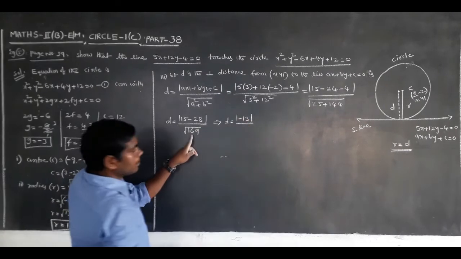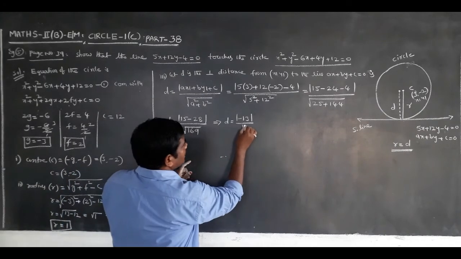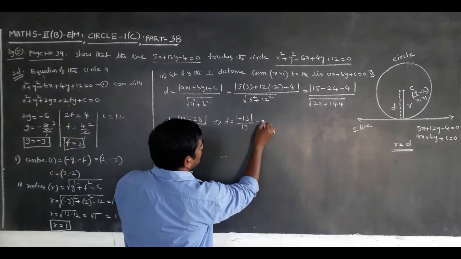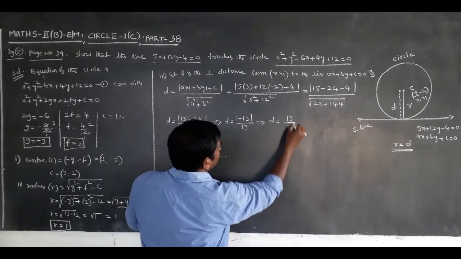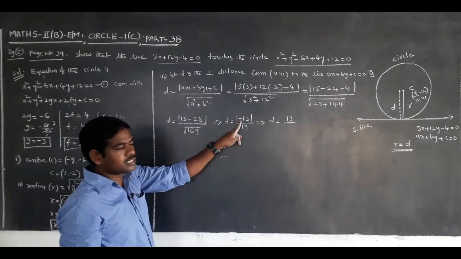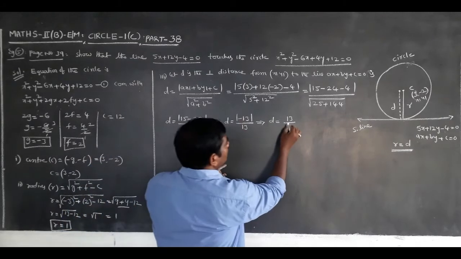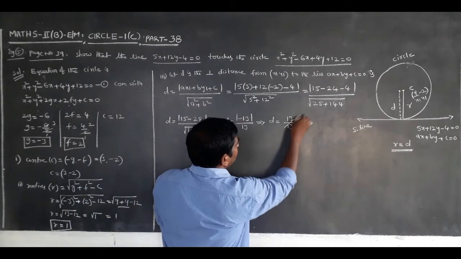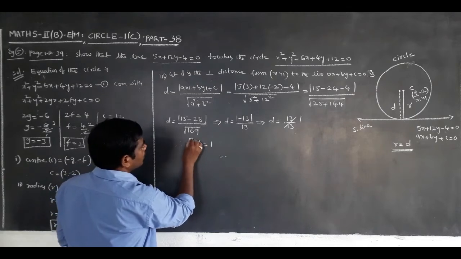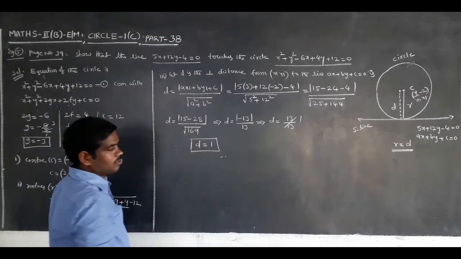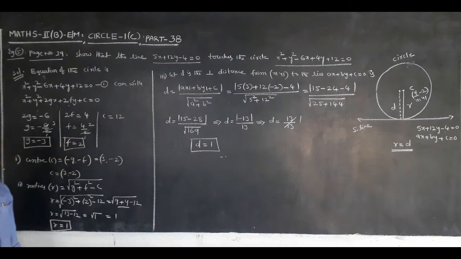Mod of -13 is 13, and 13 ones are 13. Therefore D = 1.